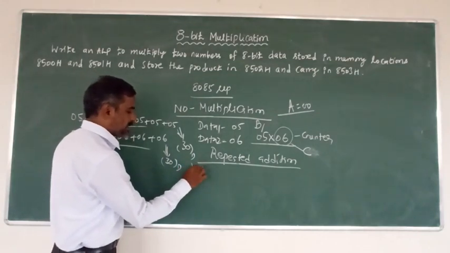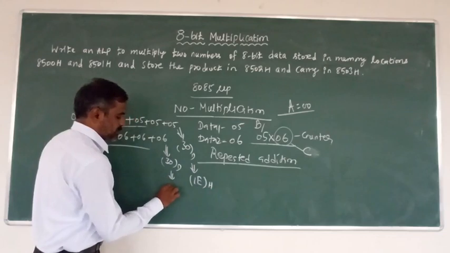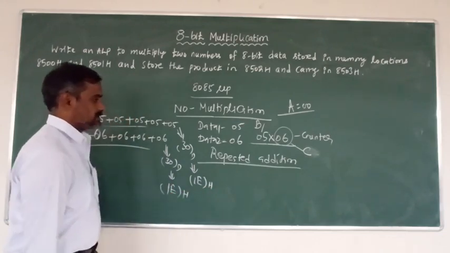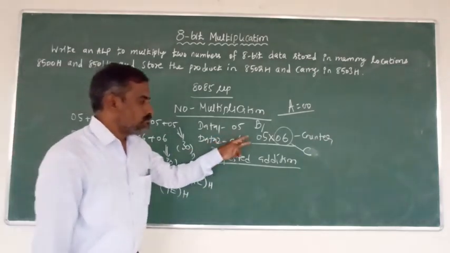What will be the corresponding hexa value? 1E. The corresponding hexa value is 1E. Okay. Now how to multiply?